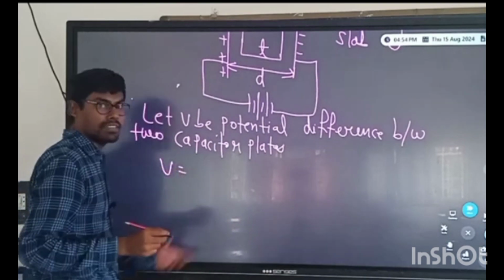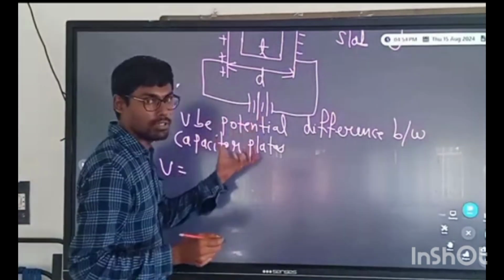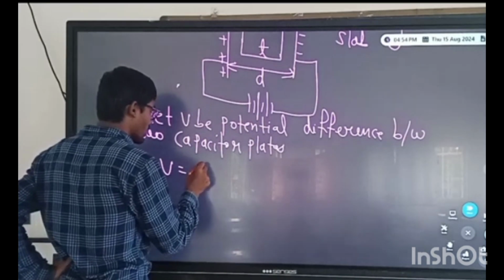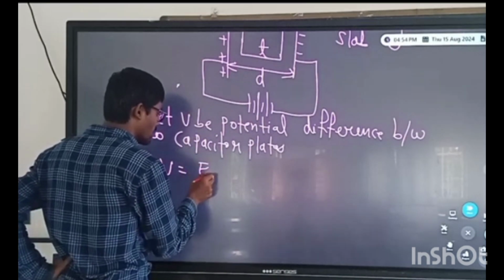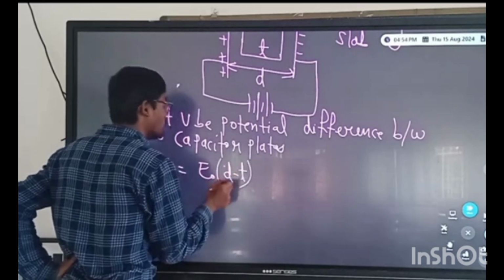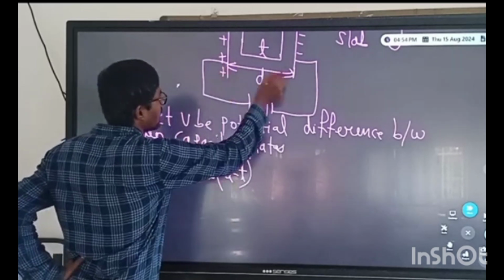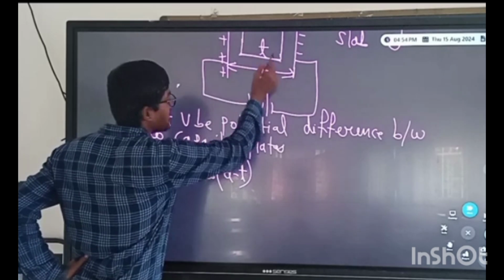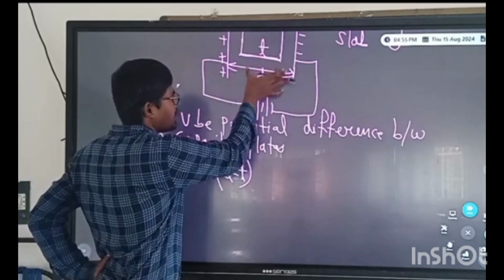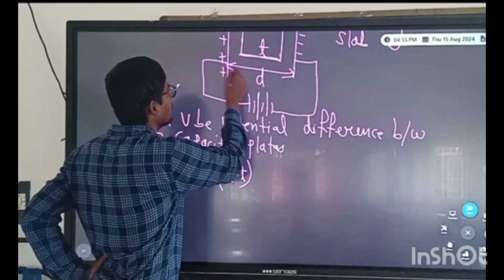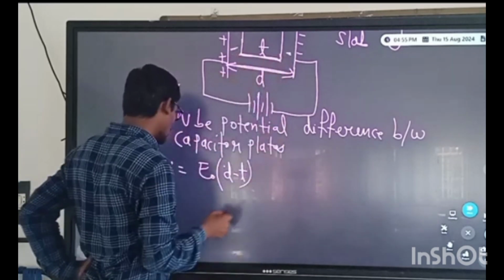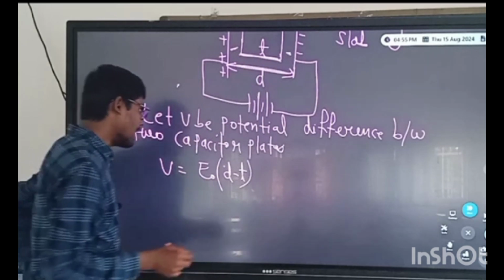V is equal to the electric field times the separation distance. So it will be E0 into (d minus t). See, the total separation between the two capacitor plates is d, and this much is t, so the remaining space will be d minus t.